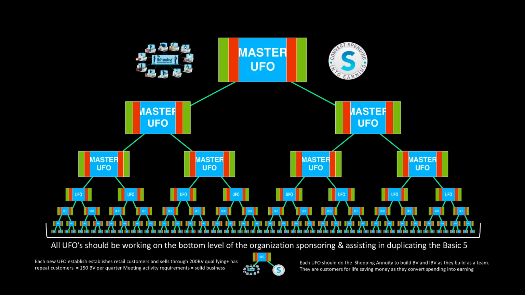Okay, so when we look at the business and the binary binomial system, there's two fundamental functions that are the building blocks that make it solid from the bottom up. All UFOs should be working at the bottom level of the organization, sponsoring and assisting in duplication and the basic five. Just think of building a skyscraper or a business as big as you want.